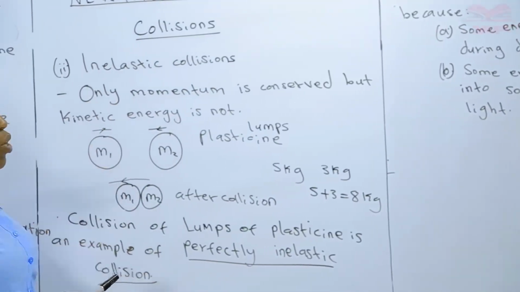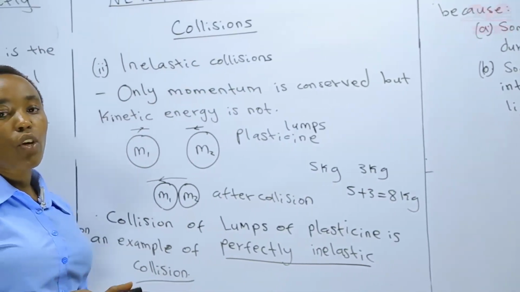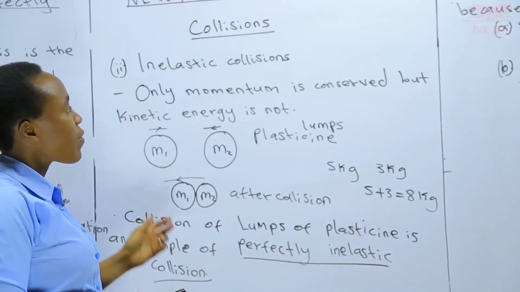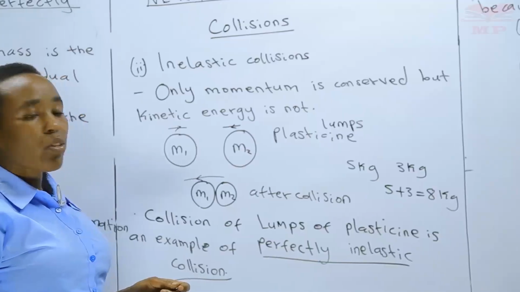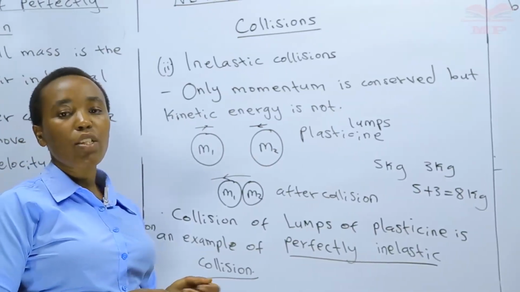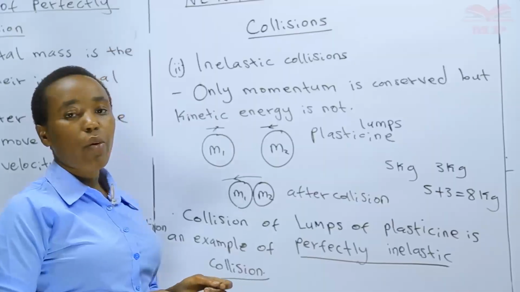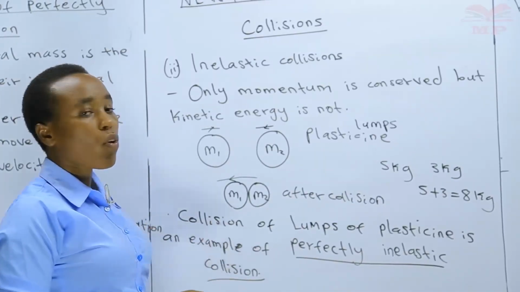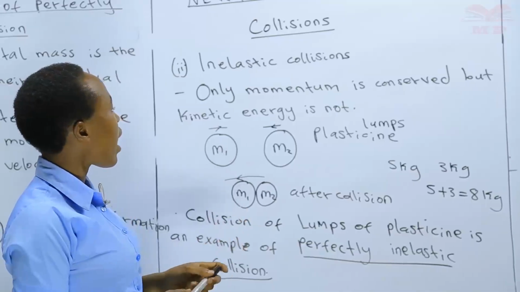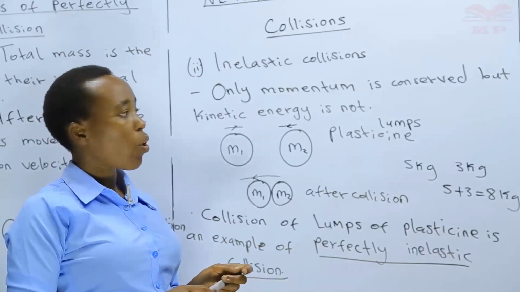So during this lesson, we have covered the law of conservation of linear momentum, and we have seen that it states that for a system of colliding bodies, the total linear momentum remains constant, provided no external forces act. Then we have also looked at the types of collisions, the elastic and the inelastic collision.